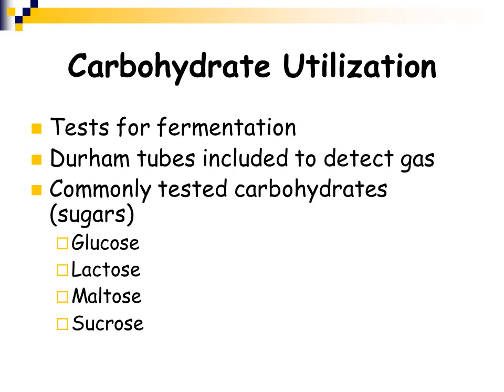So for carbohydrate utilization, this is a test that will test the ability of the bacteria to ferment sugars or carbohydrates. What you use is a tube that contains media with a sugar, and you can get these tubes with Durham tubes.